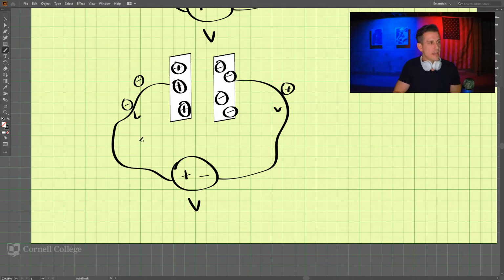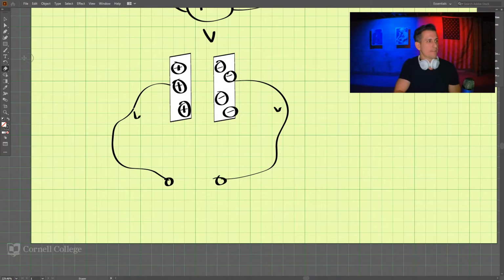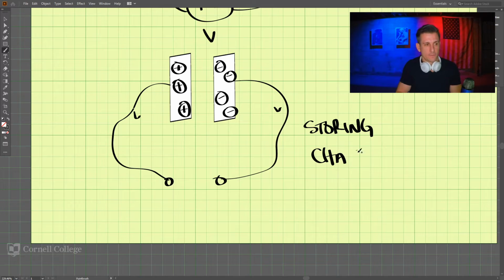And if we take the voltage source off, if we turn this off, the charge on each of the plates will stay. So it is storing charge.